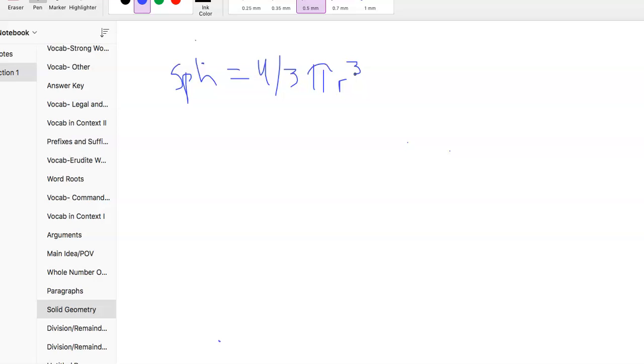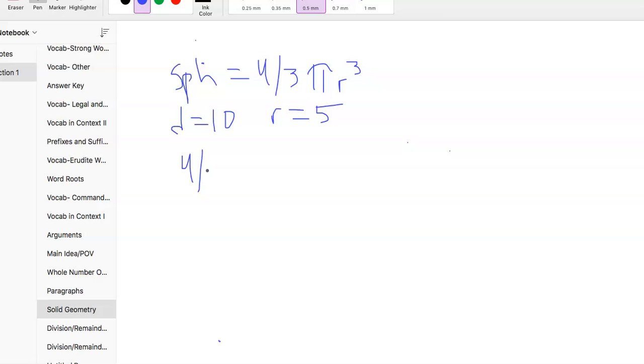This one says the diameter is 10, and that's all they tell you. They want you to solve for the volume. We want to remember from our work with circles that diameter is twice as long as radius. That's important to know also for circle questions. They're basically testing us on that as well before we even get into any of the calculations. So if diameter is 10, that means radius is 5.